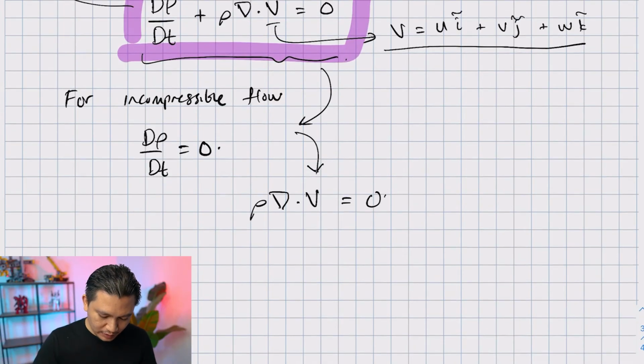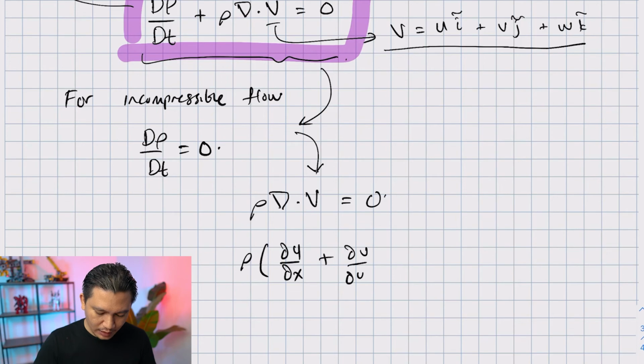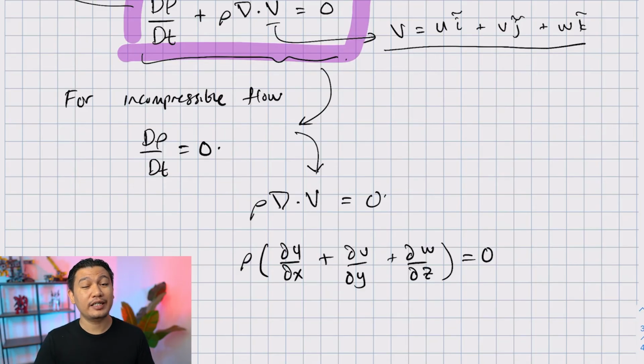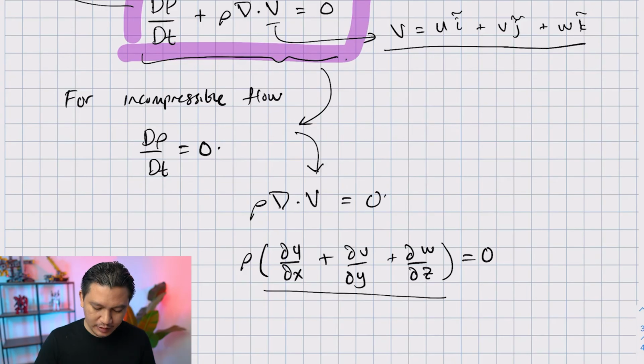And if we expand this, so this is rho times del u over del x plus del v over del y plus del w over del z equal to 0. And of course, we know that the density doesn't change, but it is not 0, which means that this term is the one that is actually 0.